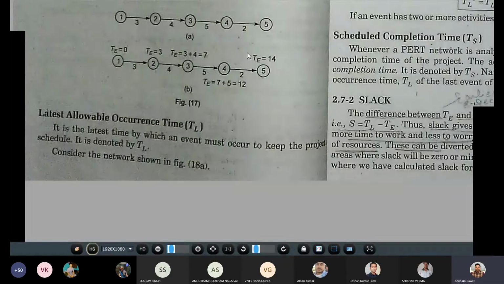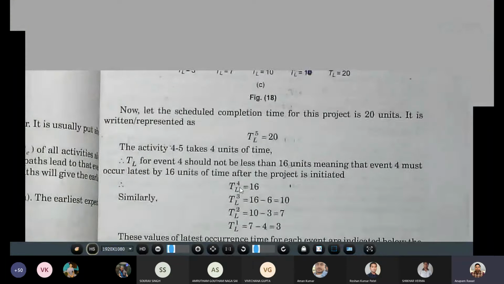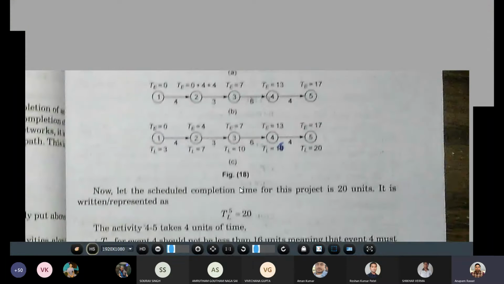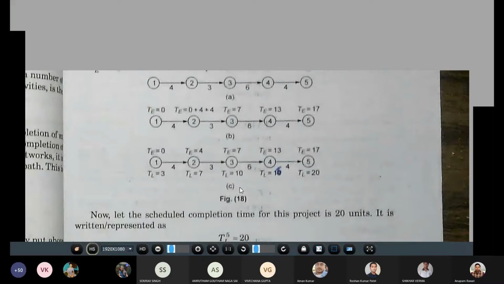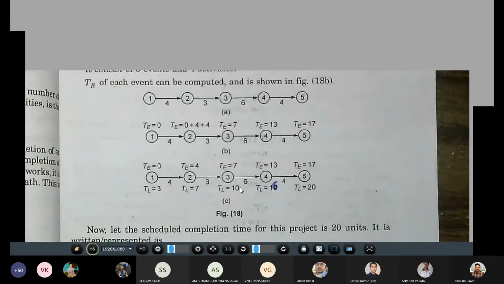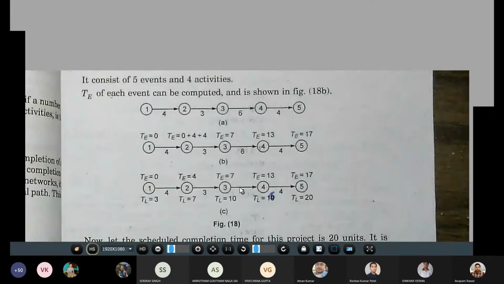So let us see how it is calculated. For example, we can see this figure. In this network, there are 5 events, 1, 2, 3, 4, 5, and 4 activities.